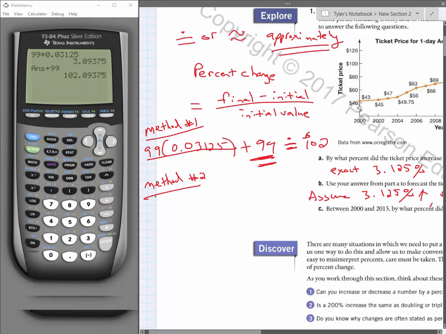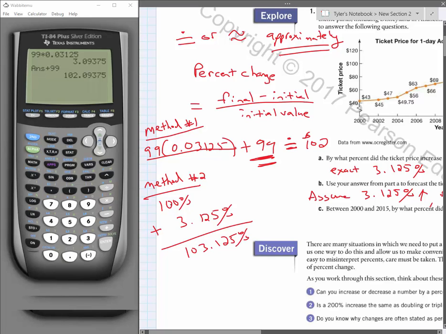Method 2 is a one-step method, and we use what's called a multiplier, right? So if we think about this for a moment, I'm going to pay 100% of the ticket price, but then I'm adding in 3.125%, right? So in other words, what I end up paying is 103.125%, right?